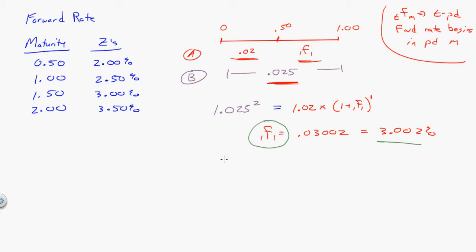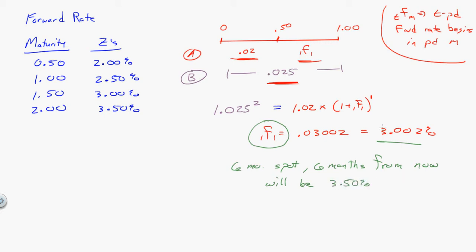What if you knew that the 6-month spot rate 6 months from now would be, or will be, and I'll put these all in semi-annual terms, 3.5%.